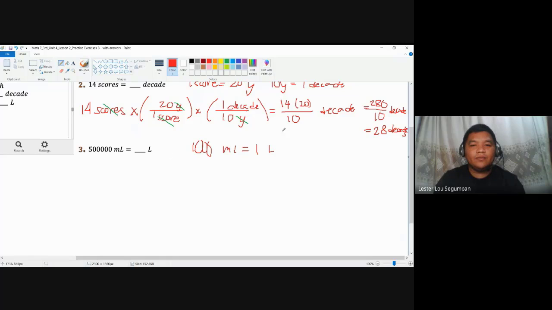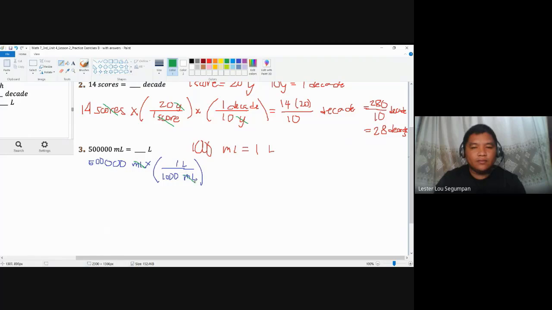Direct relationship, no need for other conversion factors. So you have 500,000 milliliters times 1,000 milliliters over 1 liter.